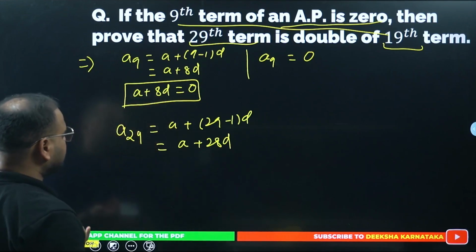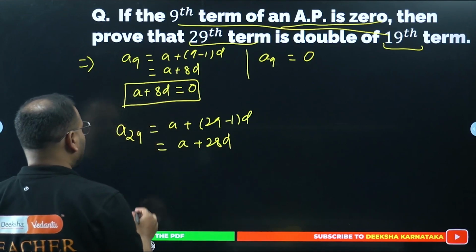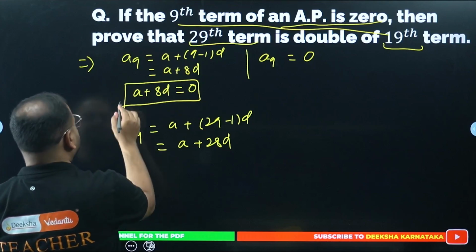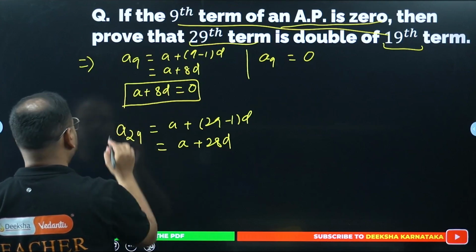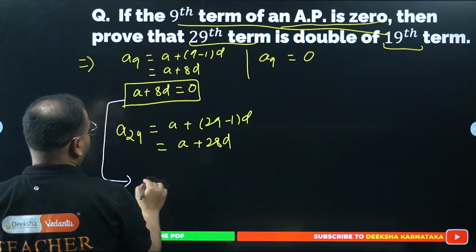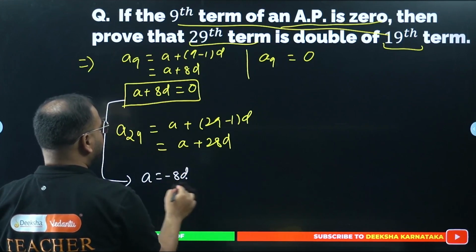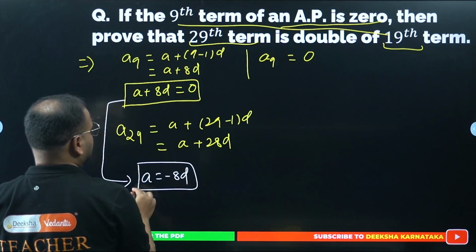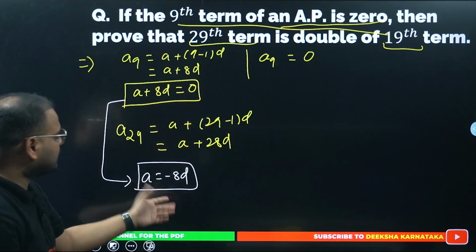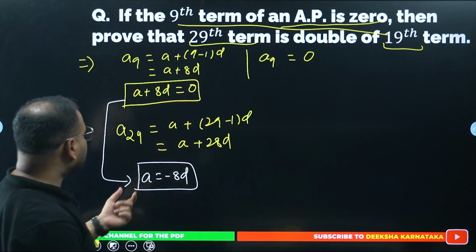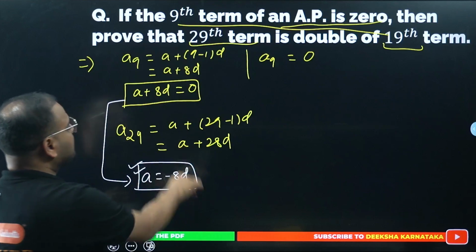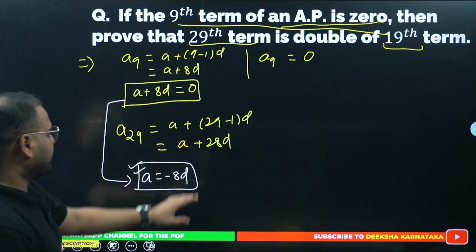Now, before moving forward, let's use this equation again. A plus 8d equals 0 means A equals minus 8d. Bring this 8d on the other side. So minus 8d.